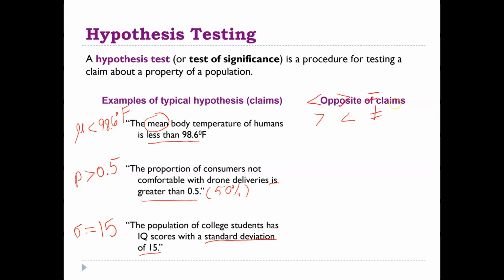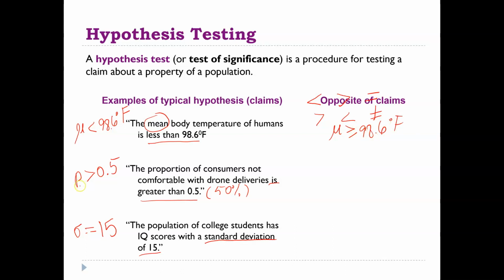Now let's look at the opposite of these claims. If we're saying that the mean body temperature is less than 98.6, what is the opposite? Well, the opposite will be that the mean is greater than or equal to 98.6 degrees Fahrenheit.